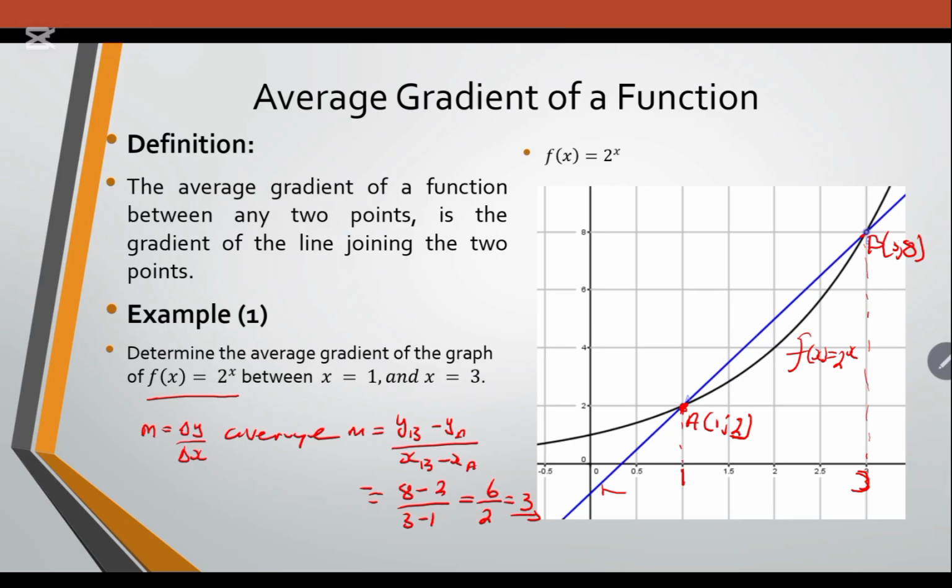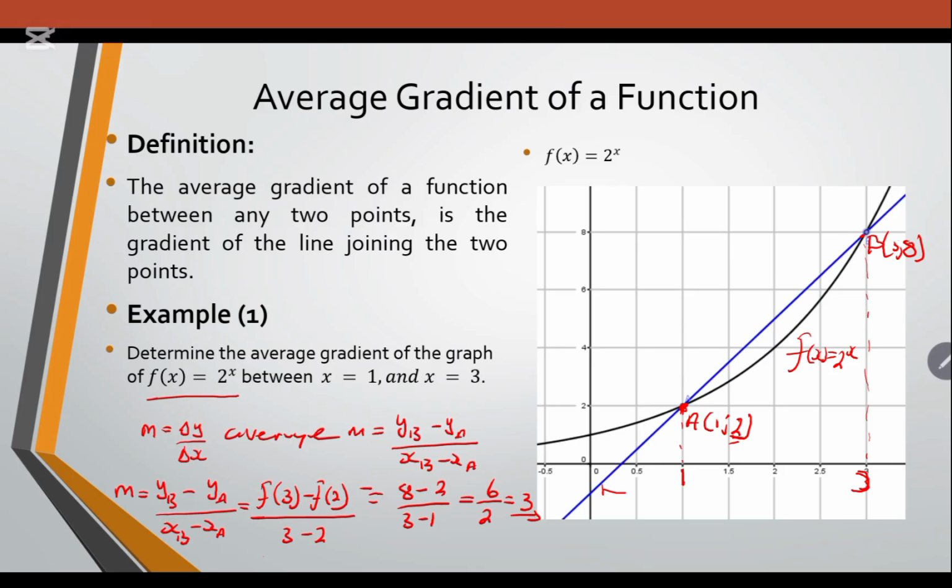Now, algebraically, just like how we found those values of y using the function, I can write the equation y of B minus y of A divided by x of B minus x of A. This is the same as f of 3 minus f of 1 divided by 3 minus 1.